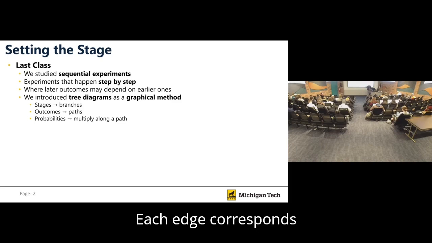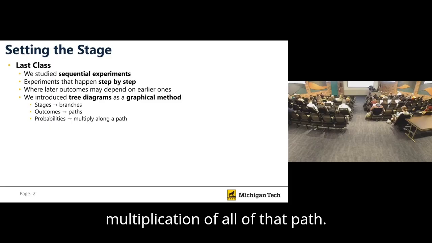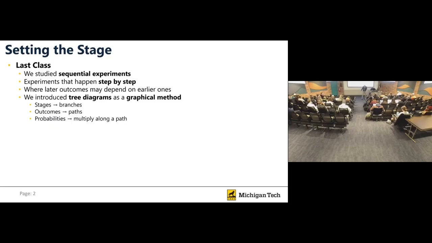Each edge corresponds to a probability or conditional probability, and the leaves correspond to the multiplication of all of that path. So that was last class.